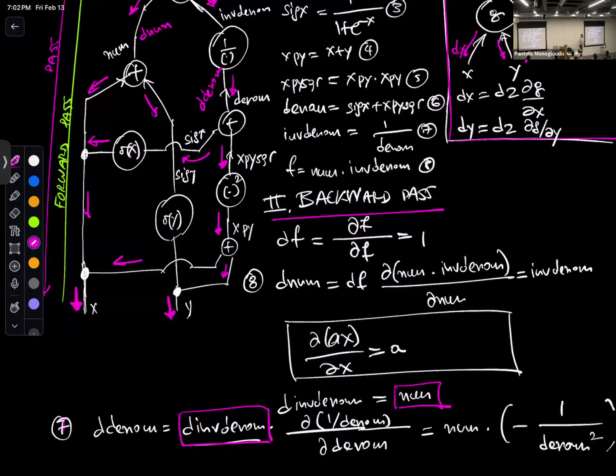And the most important reason is that all of these local calculations, which can be symbolically calculated themselves, can be massively parallelized. Why? Because if I have a gate over here, the dependencies of the calculation of the downstream gradient for that gate are local. That's why we call it a local problem.